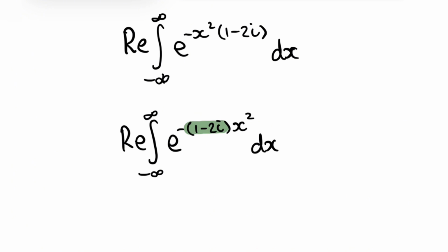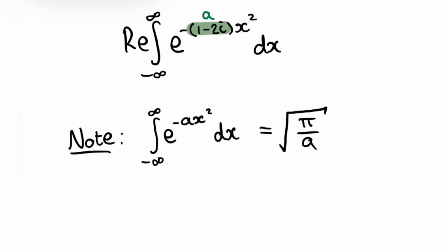If I bring that to the front, we can see that we've actually got a Gaussian integral of the general type, where we've got e to the power of negative ax squared, where a is just some constant, some number. In this case, it's 1 minus 2i.